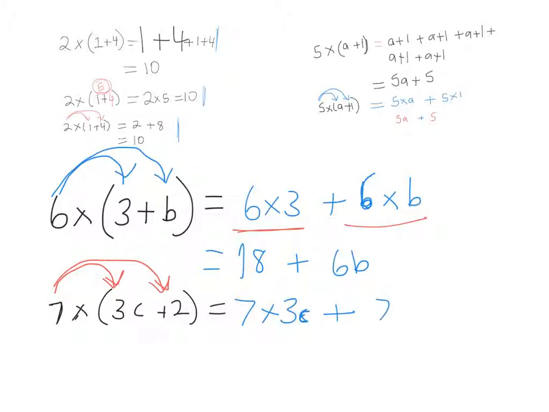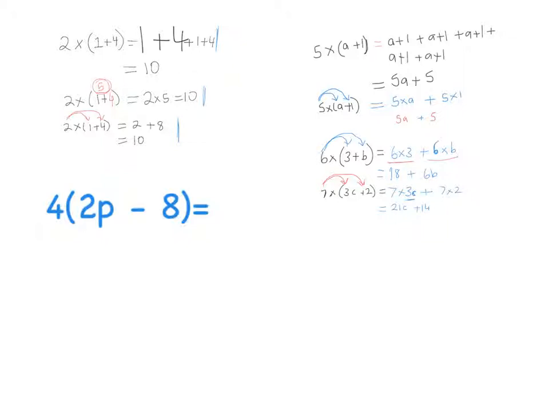Now 7 times 3 is 21, but this is saying 7 times 3c, so that would be the same as saying I have 7 groups of 3 carrots. That means I have 21 carrots altogether, 21c, plus 2 times 7 is 14. I hope that's the same as what you got in your answer.